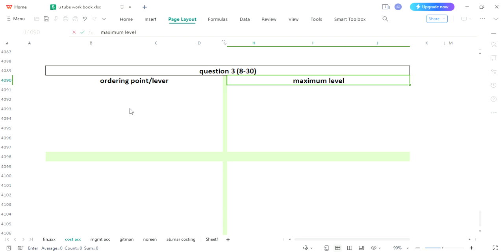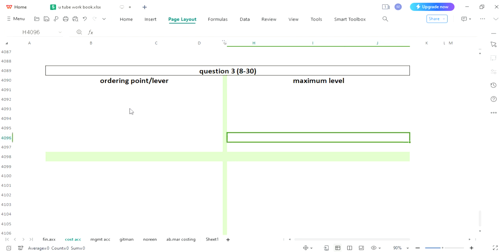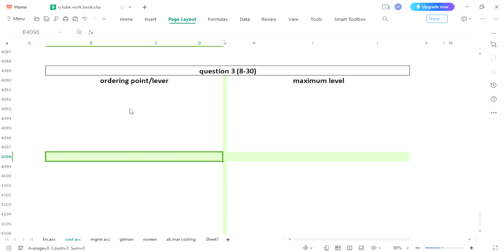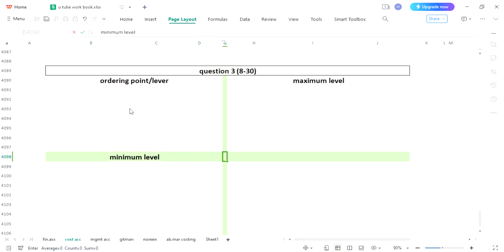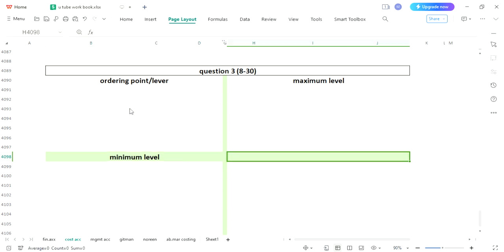Then we have seen the maximum level, also called maximum consumption or maximum requirement. Then the minimum level or minimum requirement, and finally the danger level.